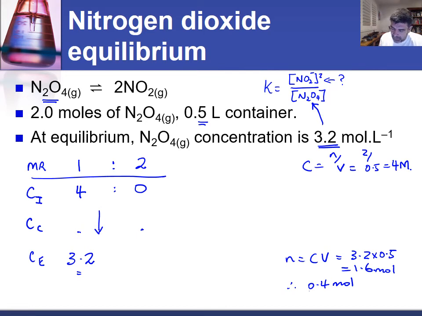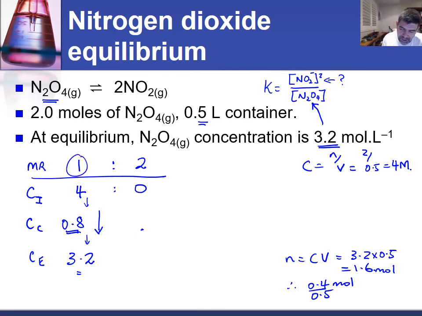So 0.4 divided by 0.5 means that the change in the concentration is 0.8. And we expect that because the volume is going to be a constant all the way through here. So you'll see these values line up with each other. Therefore, the change that we have in N2O4 is the 0.8.